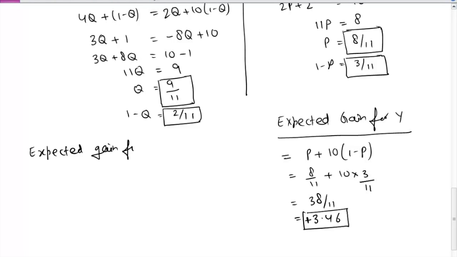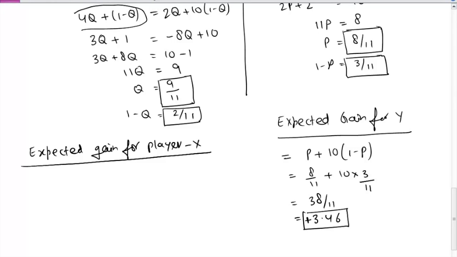The expected gain for player X is going to be, so again we can choose any equation. Let's choose the first one, like this one here. So this equals 4Q plus 1 minus Q. So this becomes 3 times Q, because Q is 9 over 11, and then plus 1.